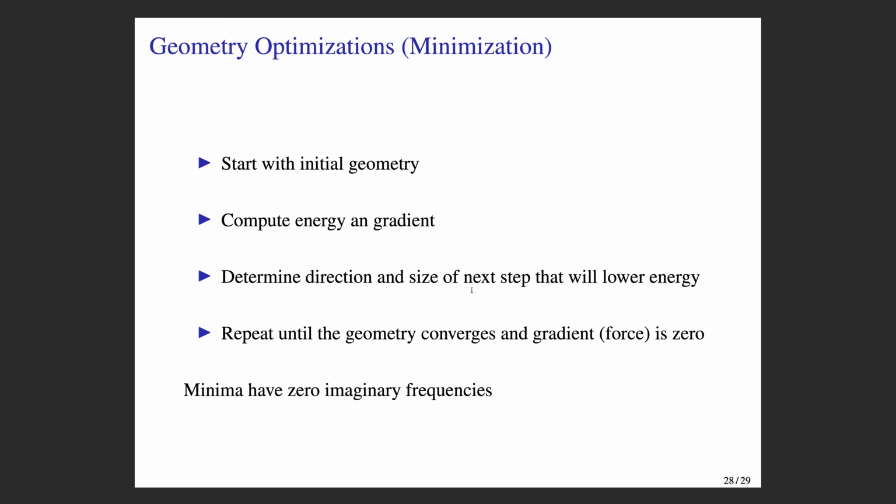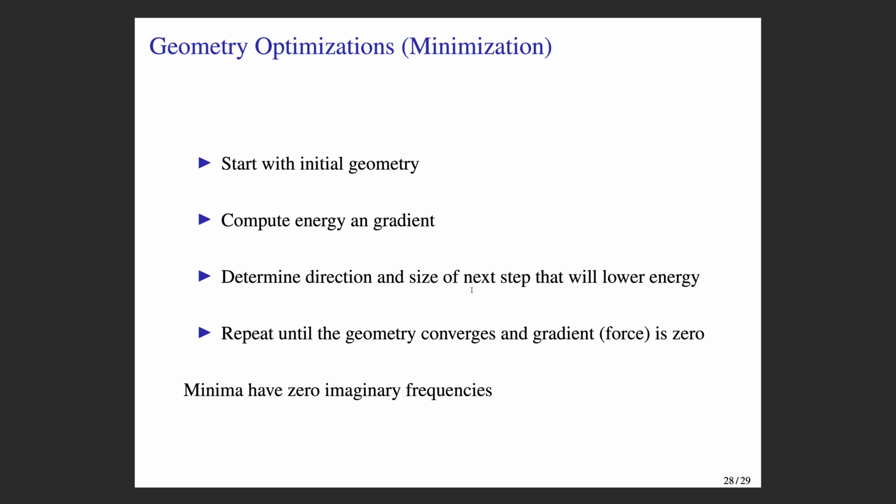But the idea is that you start with some initial geometry of your molecule that is not a minimum, and then you compute both the energy and the gradient of the energy at that geometry. Based upon that information, and possibly the force constants, you then determine a direction and size of a step that takes you away from that initial geometry.